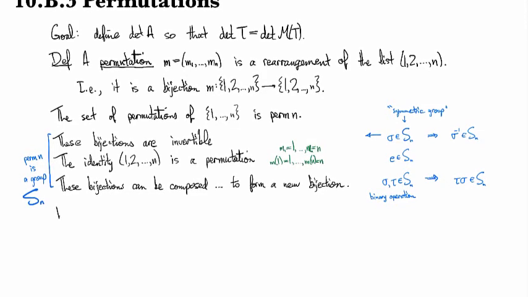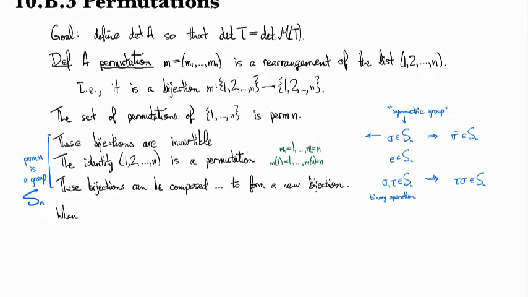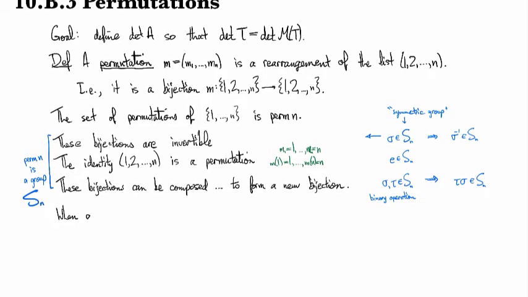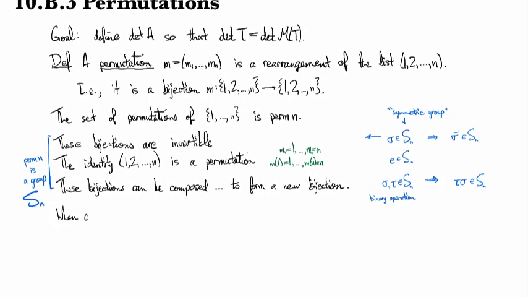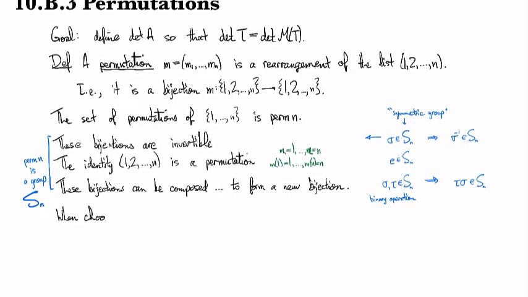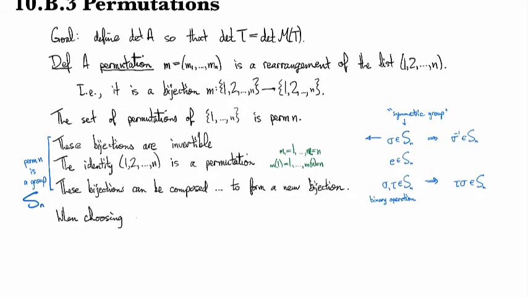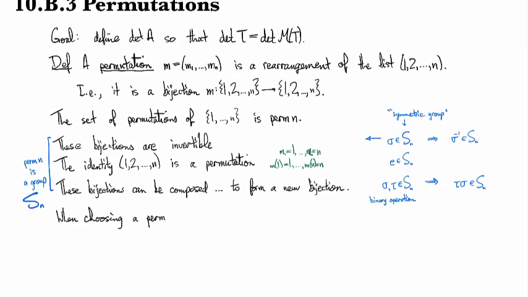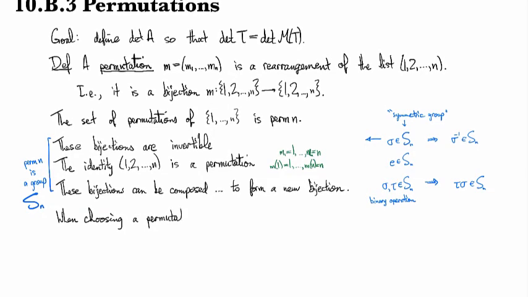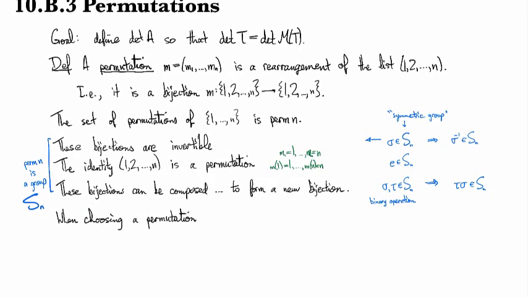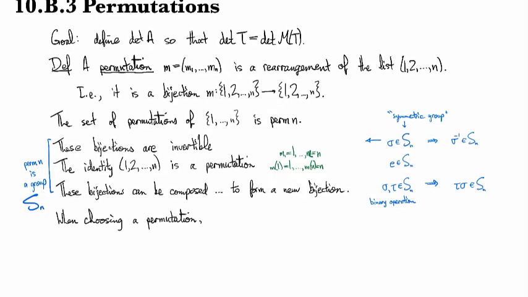So let's see. When choosing a permutation, if I'm saying, hey, let's pick an element of Sn, okay, so what should we choose? Well, what can we put in the first slot?